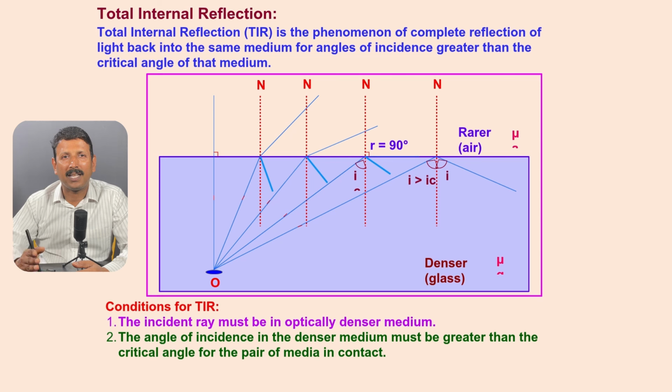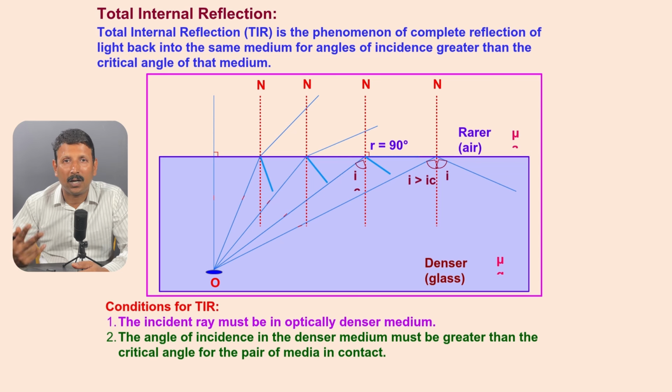When the angle of incidence increases, the angle of refraction also increases, and for a particular angle of incidence the angle of refraction becomes 90 degrees. That angle of incidence is the critical angle. If the angle of incidence is greater than the critical angle, the incident ray is reflected back into the same medium. This phenomenon is known as total internal reflection.